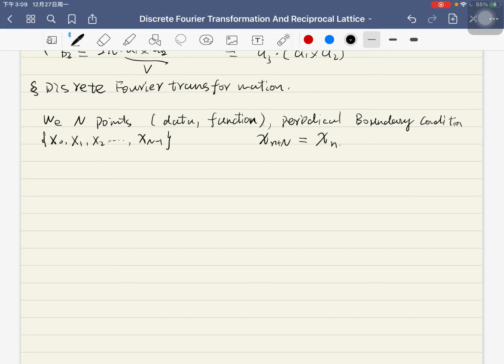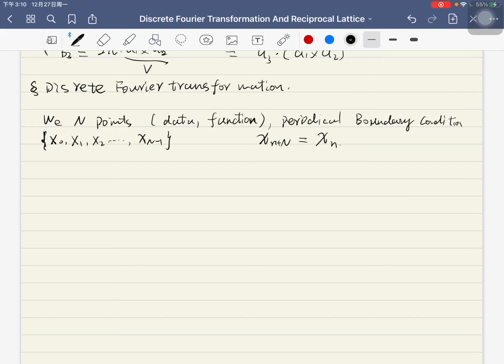This matches the definitions in computer science and mathematics. This is a very common definition of the points. So let's define its discrete transformation.